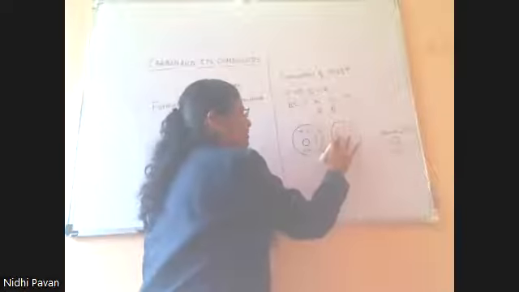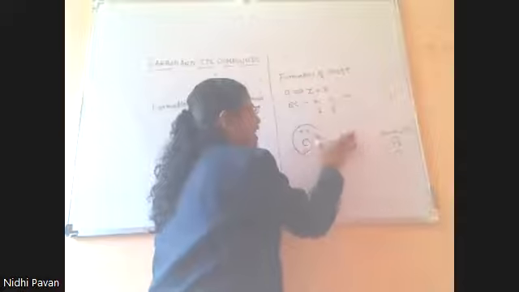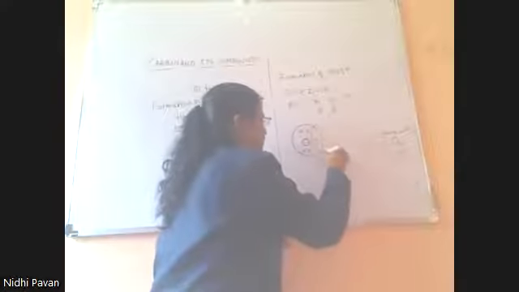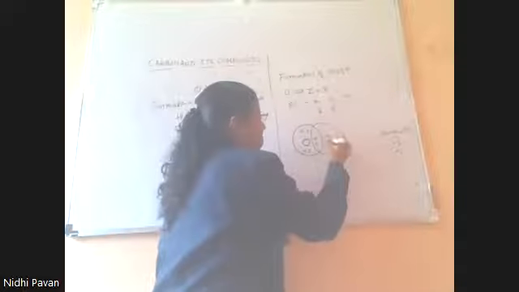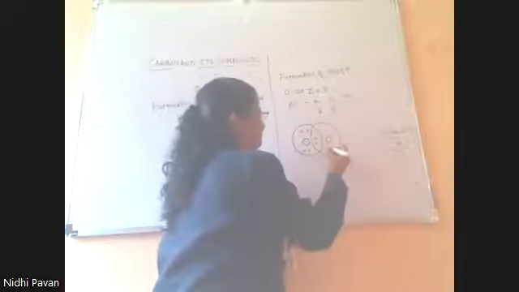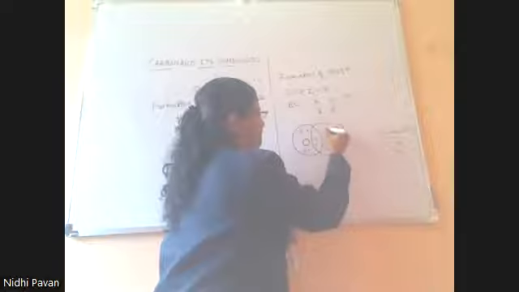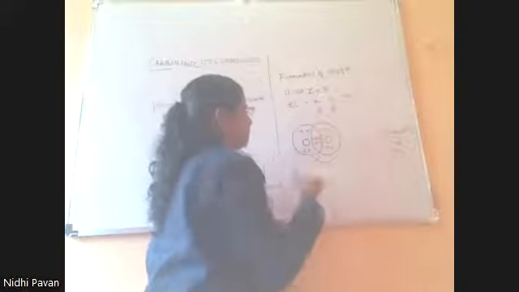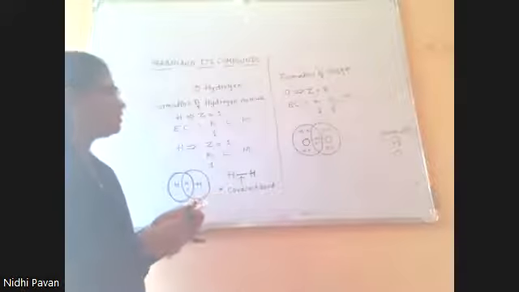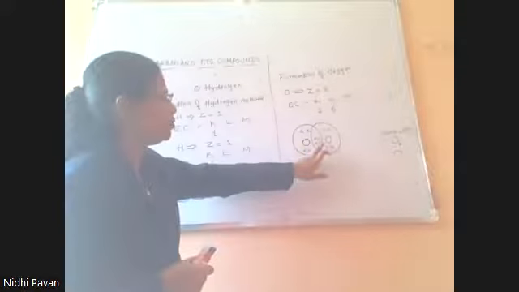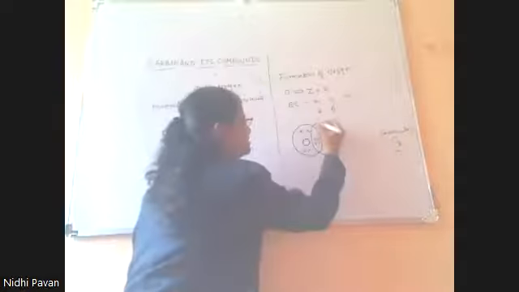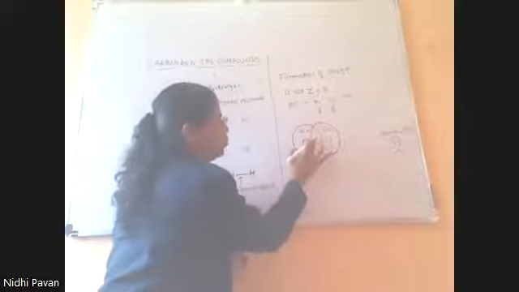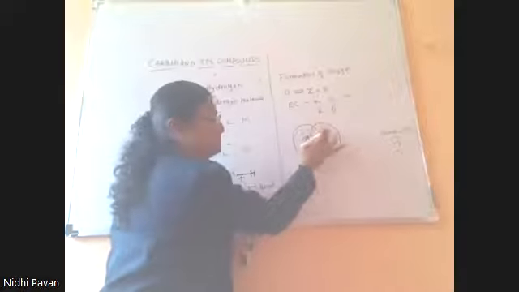So what happens here? Two atoms of oxygen. See, this circle: when you observe this oxygen atom, 1, 2, 3, 4, 5, 6, 7, 8.